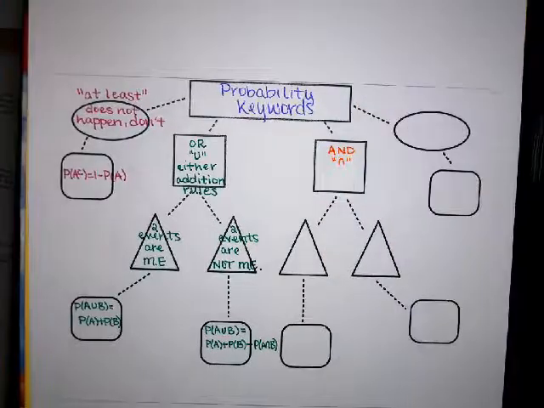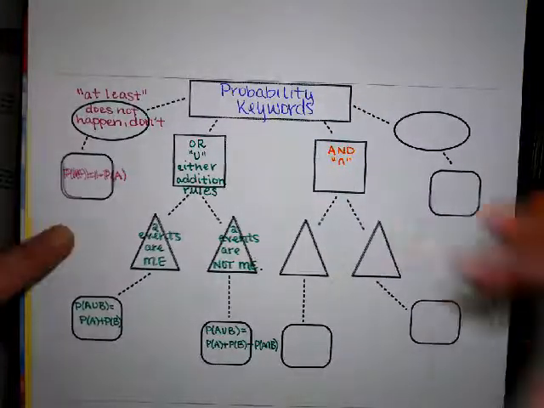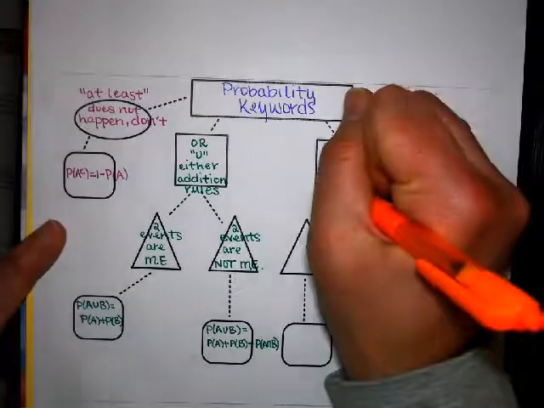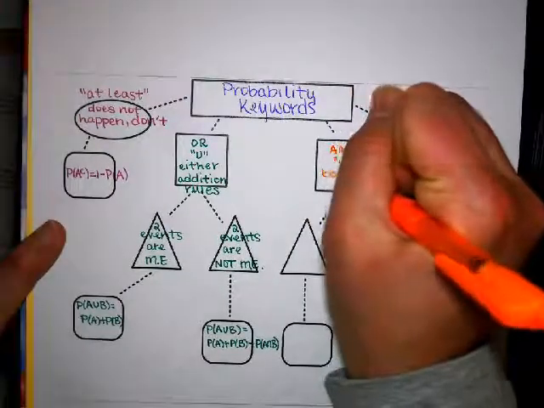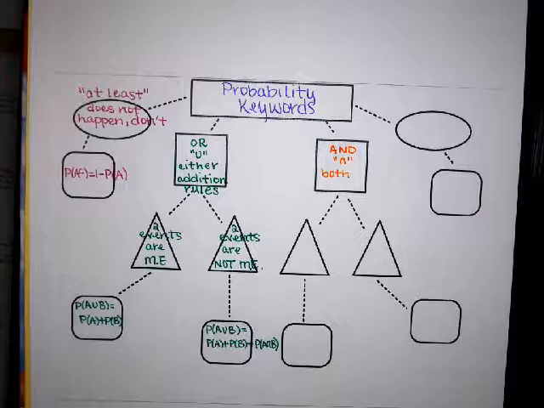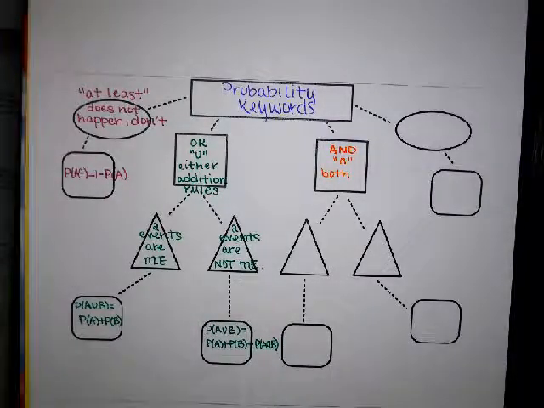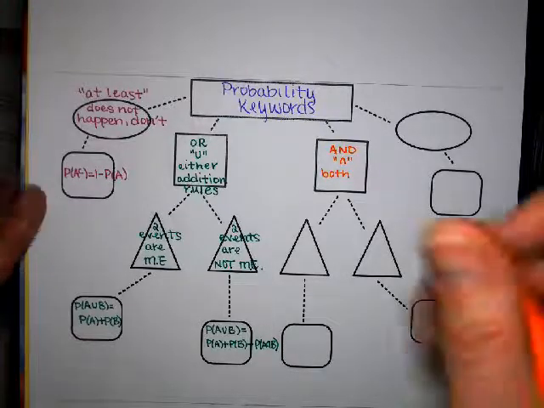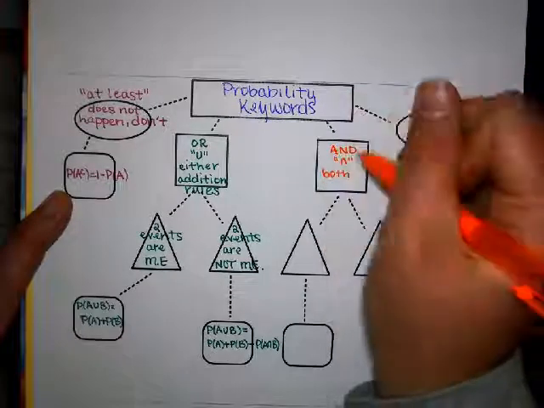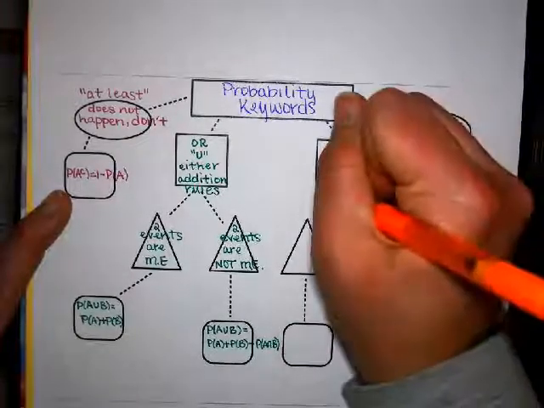In your homework tonight, you'll see both. So what's the probability of both? That would be A and B happening. I'm sure there are other words that would mean and, but and both, those tell us that we're looking at our multiplication rules.